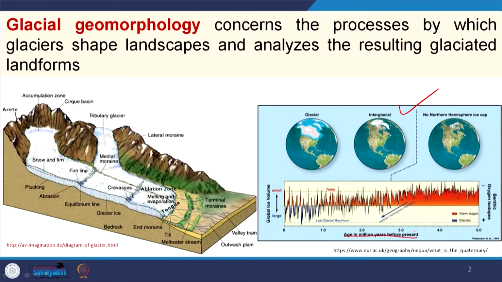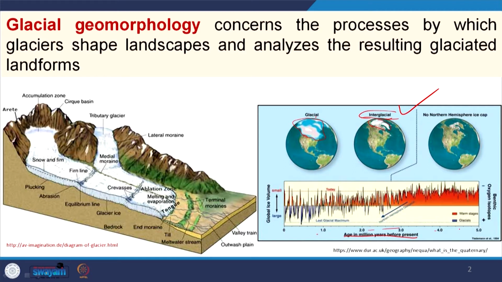If you analyze this figure here, there is age in million years before present. Here, if you see, the maximum part is glacial, and this is interglacial. You see that the maximum part of the North American continent was glaciated about 1 million years back. Now, 2 million years back, this is an interglacial period, and only the northern part has glaciers.